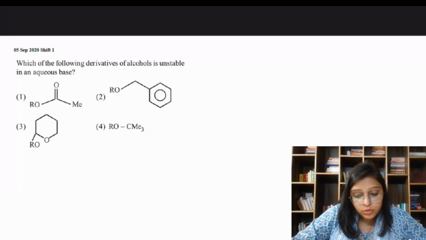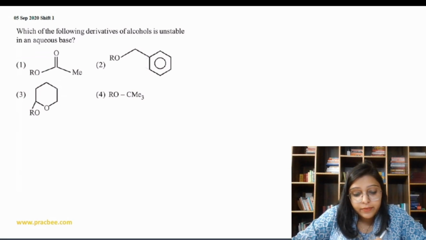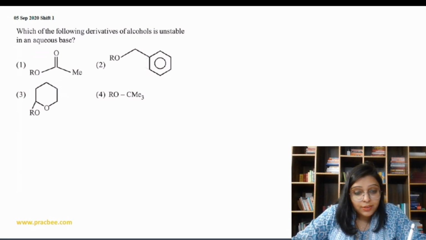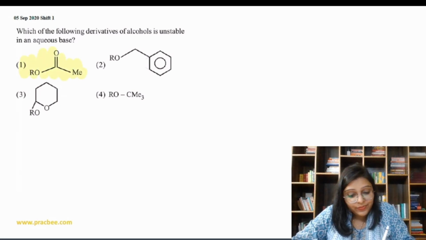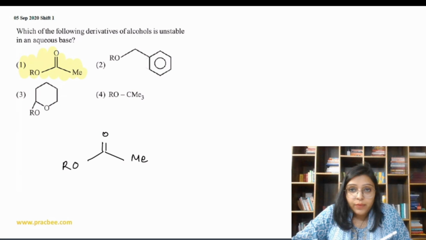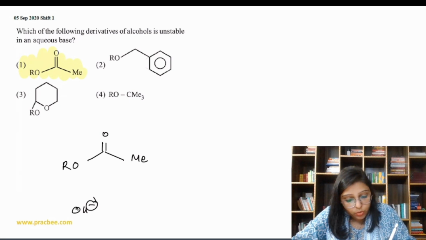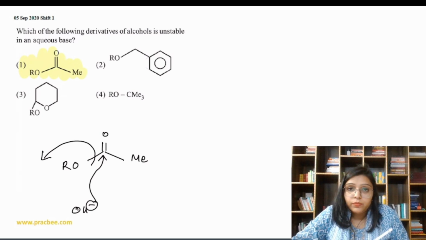Now moving on to the next question. Which of the following derivatives of alcohol is unstable in an aqueous base? Aqueous base. So see, first is going to be the correct answer. How? We have OR and double bond and Me. If we have base OH minus, OH minus attacks over here and we get this.